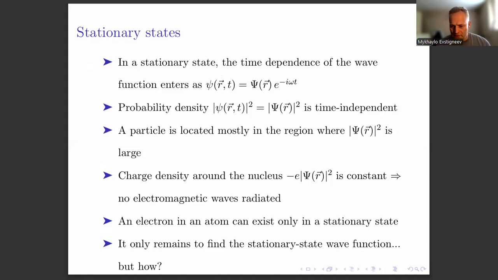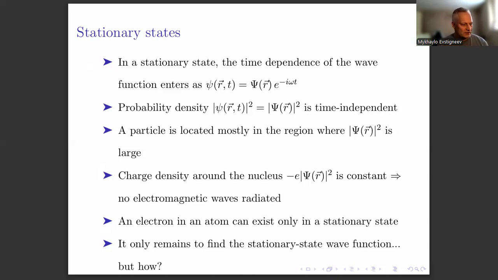Now, if the electron finds itself in a stationary state, then this charge density does not change in time. There is no acceleration of the charge associated with the charge density. And if there is no acceleration, it means that this electron is not radiating electromagnetic waves.